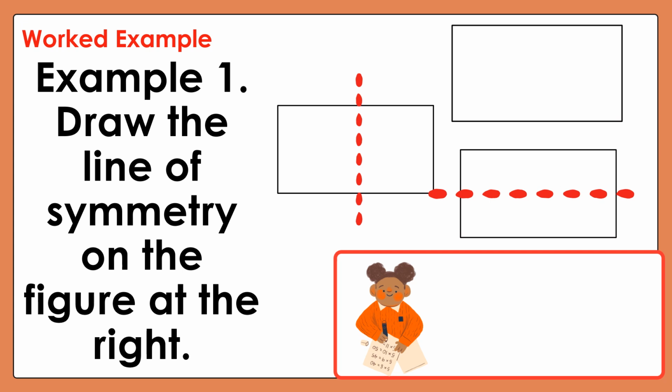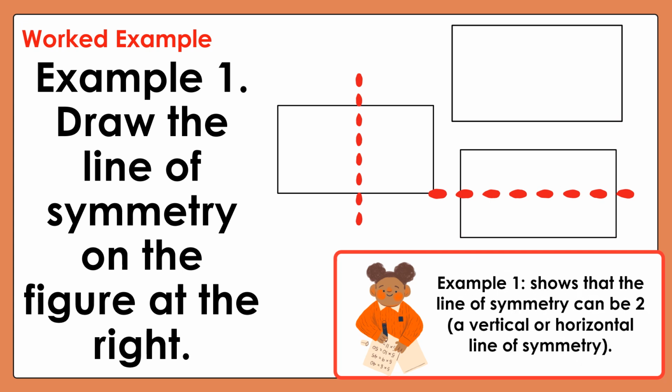Worked example number 1. Draw the line of symmetry on the figure at the right. Example number 1 shows that the line of symmetry can be a vertical or horizontal line of symmetry.